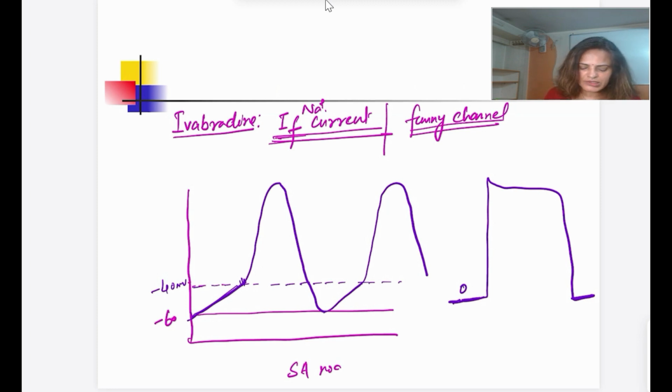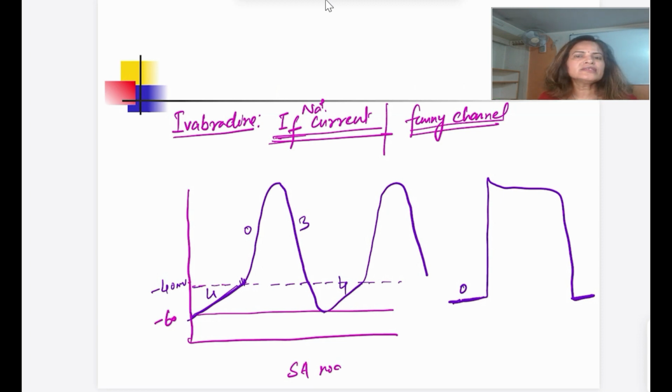This is phase 4, 0, 3 and 4. And this is very important to make it a pacemaker. Pacemaker means it has the property to generate its own impulse. So it has the property of rhythmicity, automaticity. Automaticity means the cell is going to generate its own impulse, and it is present in the SA node, AV node, Purkinje fiber, but maximum at the SA node.